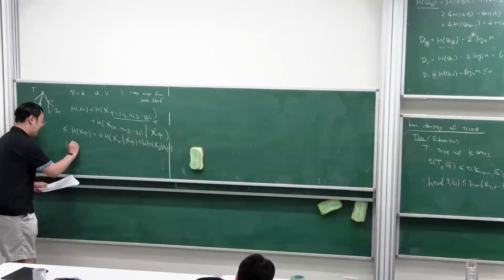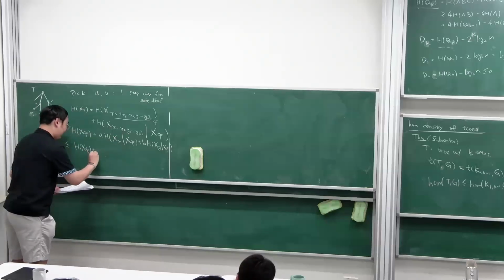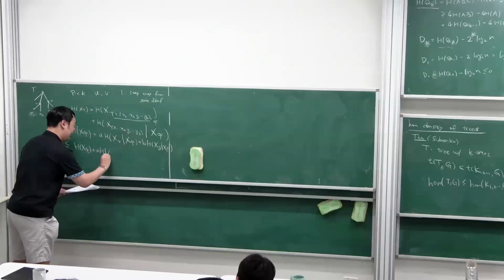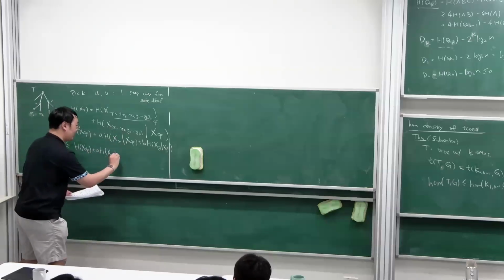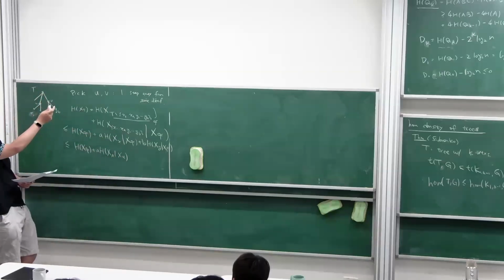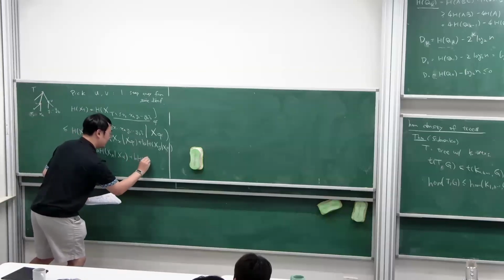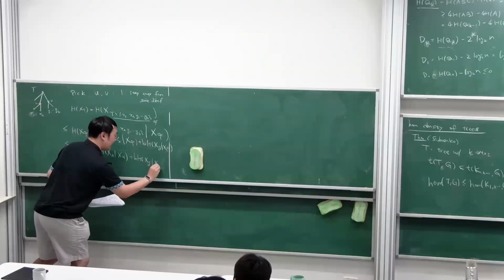And you can further upper bound this by a copies of H of X_x, but now I'm only going to condition on X_u. I'm going to throw away all the information outside. And for the b part, or for the y part, I'm going to just condition on X_v.